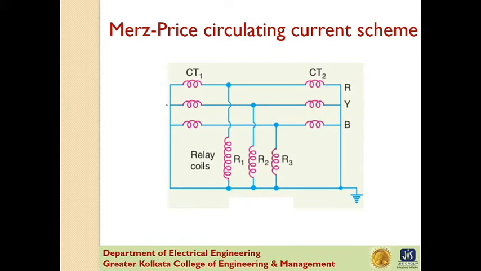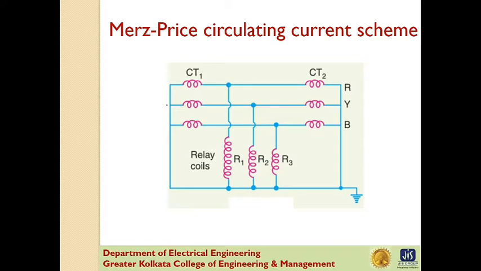Therefore, there is a balanced circulating current and no current in the operating coils of the relay. When an earth fault or phase-to-phase fault occurs, this condition no longer holds good, and the differential current flowing through the relay circuit operates the relay to trip the circuit breaker.